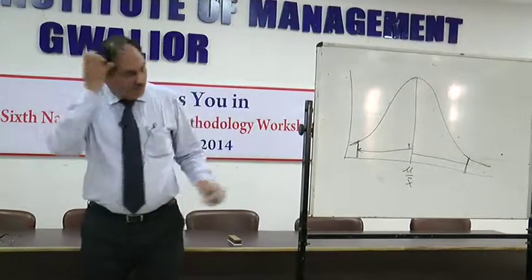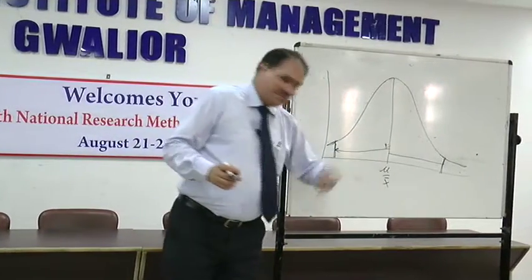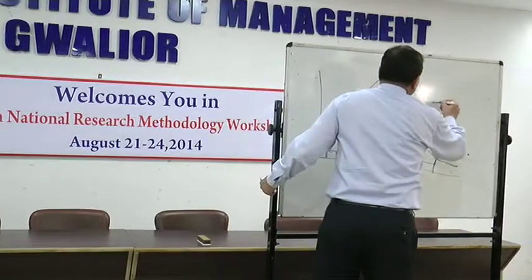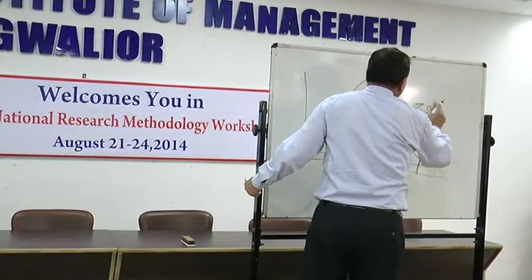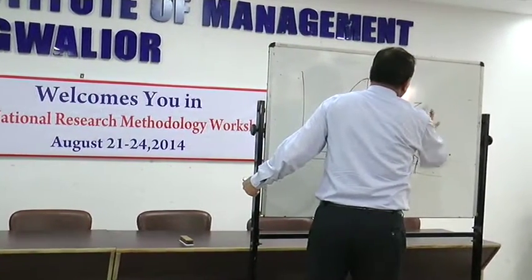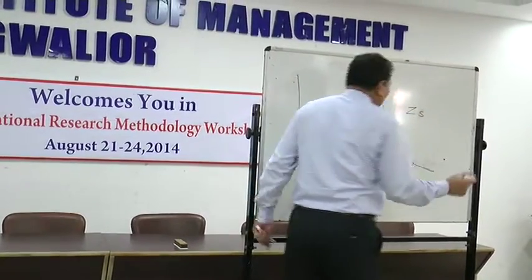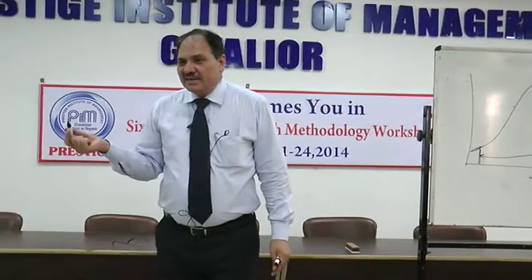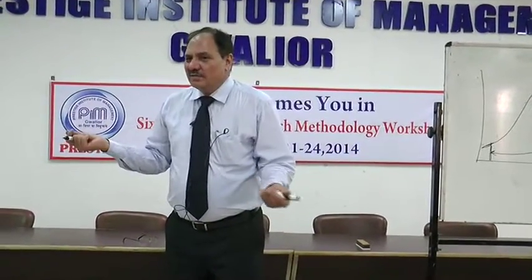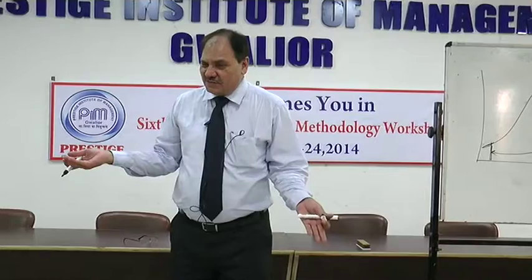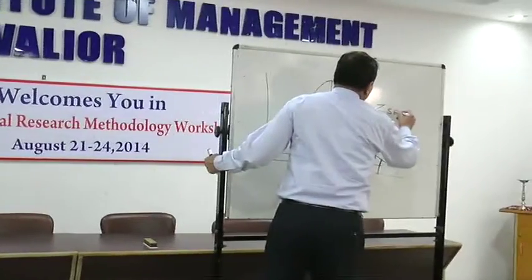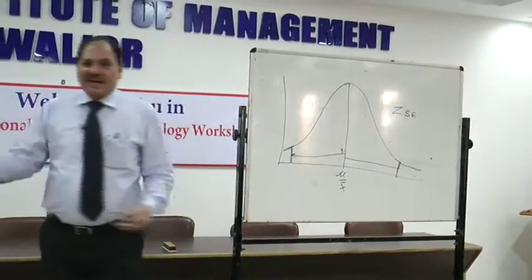Okay. Now, how much is this area? It is Z multiplied by the standard deviation, or ZS, if we take the sample standard deviation equal to the population standard deviation, isn't it? Not standard deviation, standard error.